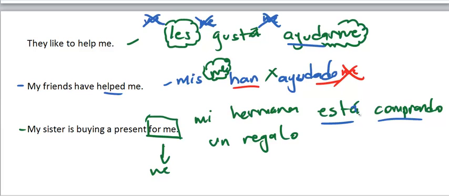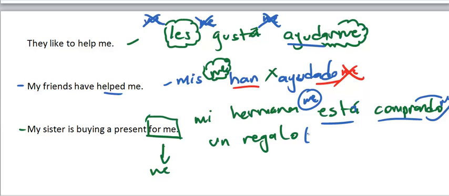Está, the conjugation of the verb to be, and a present participle ending, ando yendo, right? According to the rules, you can say comprándome, attached at the end of the ando yendo. This is correct. Or preceding the conjugation that we have. Mi hermana me está comprando un regalo, or mi hermana está comprándome un regalo.